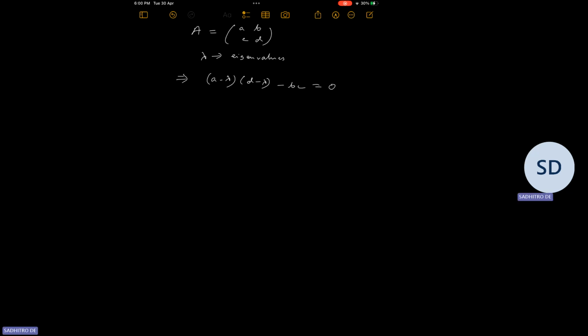Now, a general form of the characteristic equation is as follows. That is lambda squared minus tau lambda plus delta equal to 0.